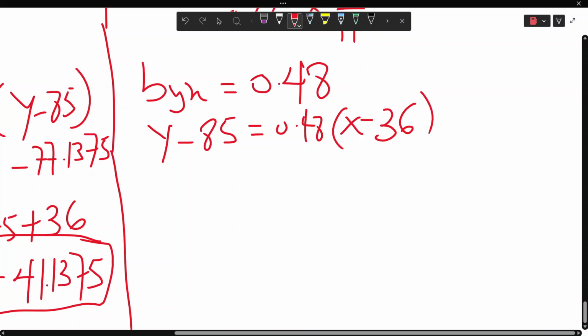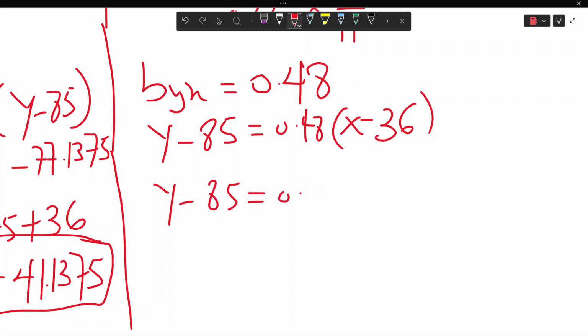Let's expand the bracket here. So we have y minus 85 equals 0.48x minus 0.48 times 36, which is 17.28.